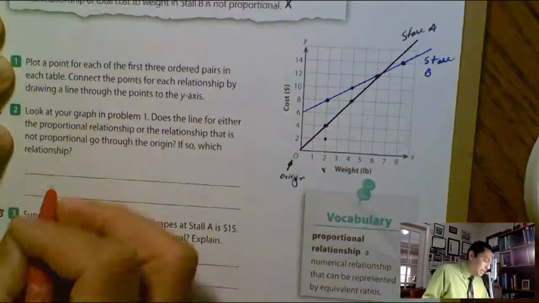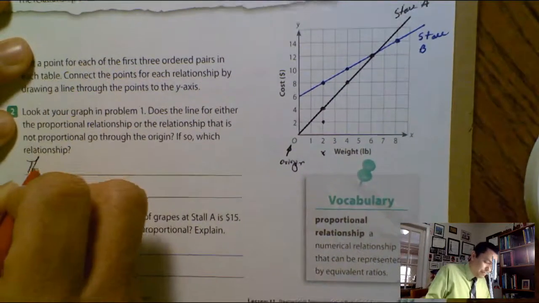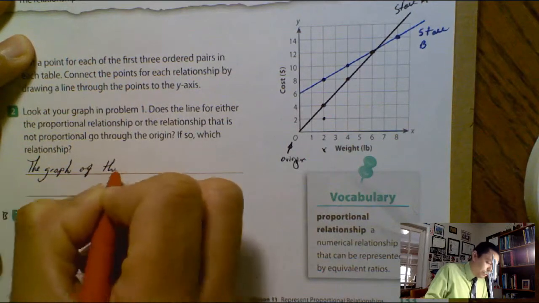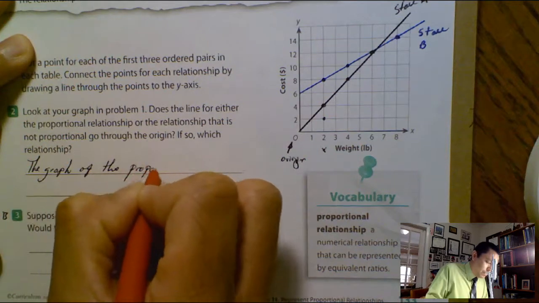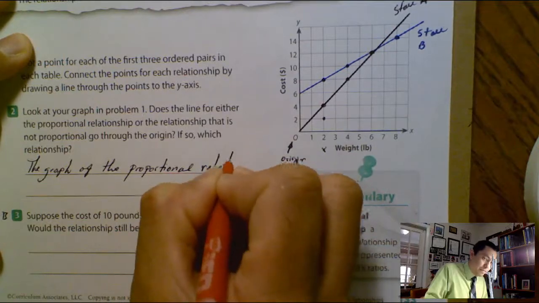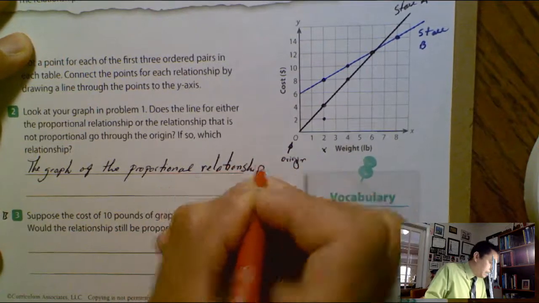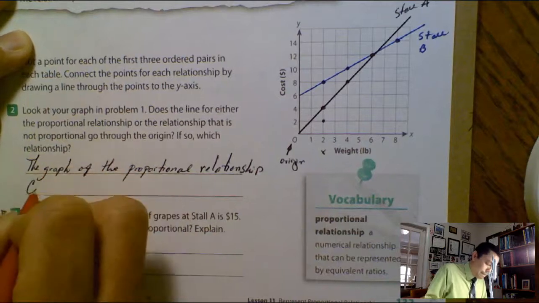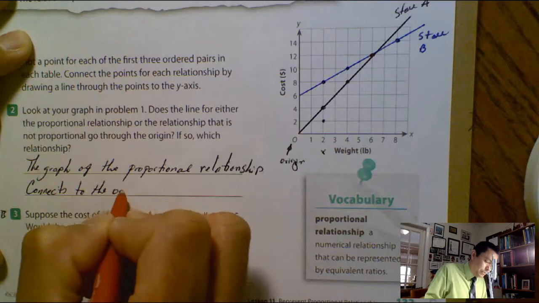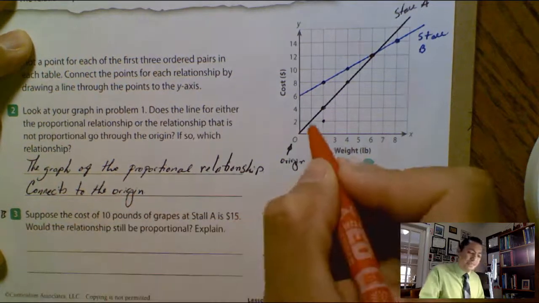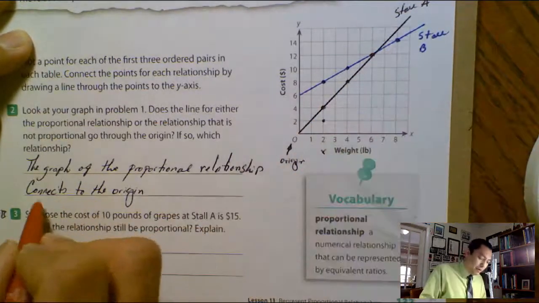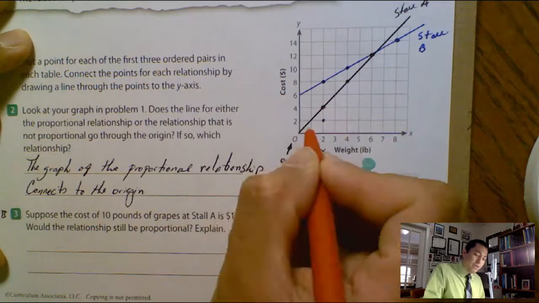That's still A. So in this case, you can say the graph of the proportional relationship connects to the origin. Okay, this is the proportional relationship. Remember that A was the proportional relationship. That one is the only one connecting to the origin or 0.